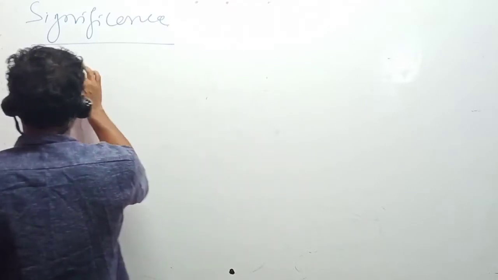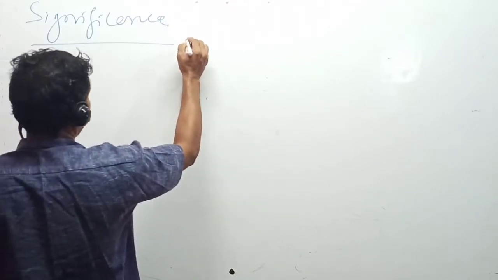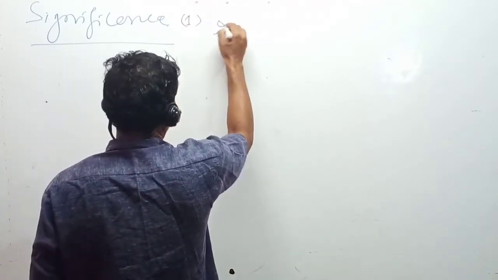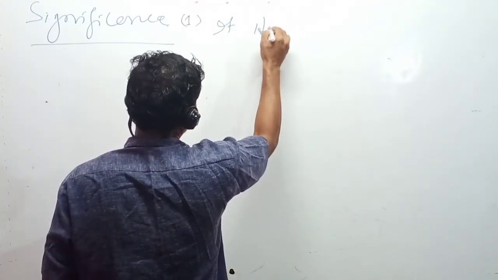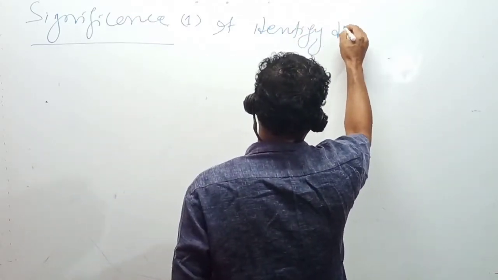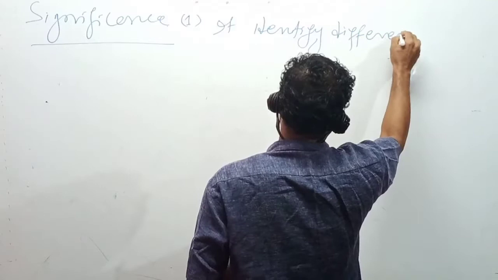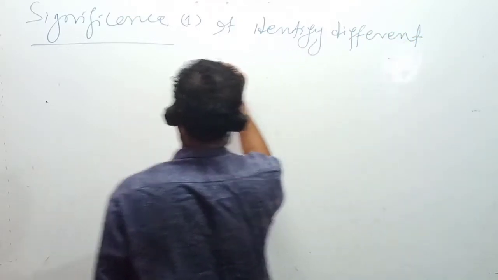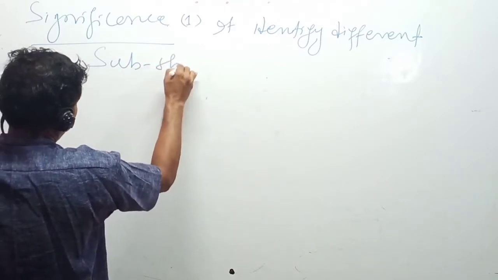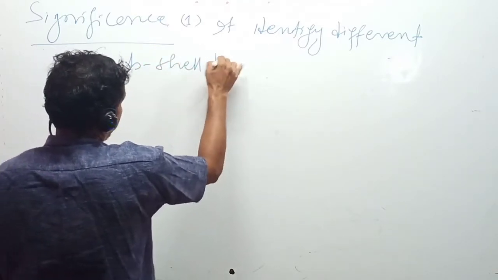So the first significance: it identifies the different subcells that are present within a cell.